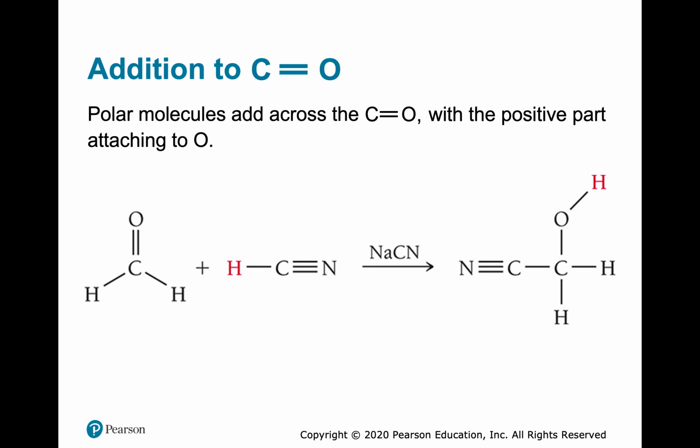So polar molecules add across the C double bond O with the positive part attaching to the oxygen. So for instance, here you have formaldehyde reacting with hydrogen cyanide in solution to form that molecule there.